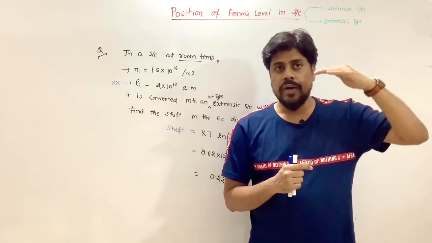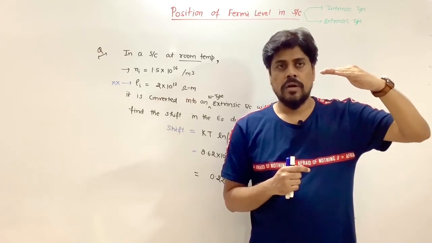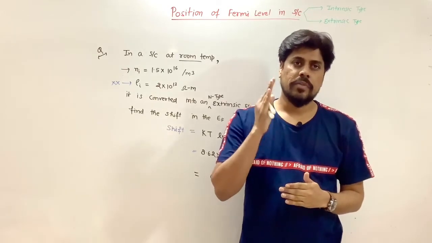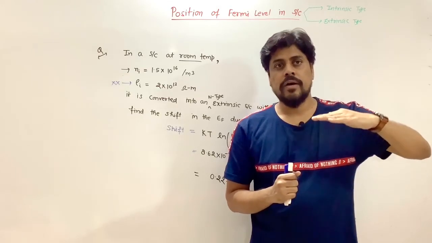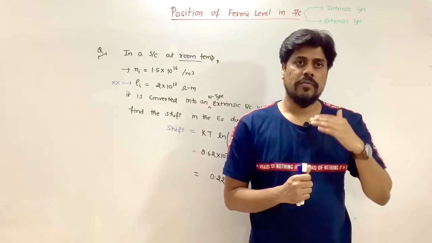So when Fermi level shifts away from Ec or comes closer to mid of the band gap, it means conductivity decreases, and when Fermi level goes away from the mid of the band gap or closer to the conduction band, then we can say conductivity increases.